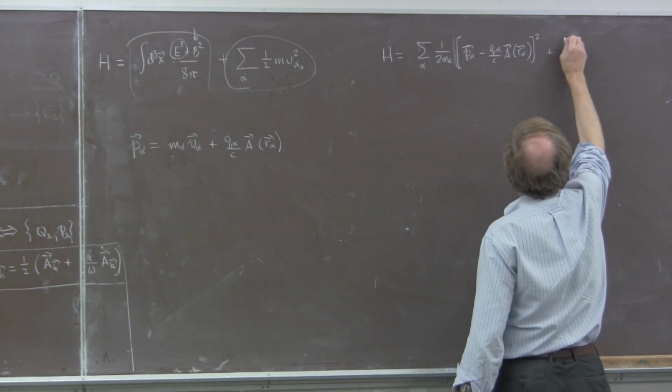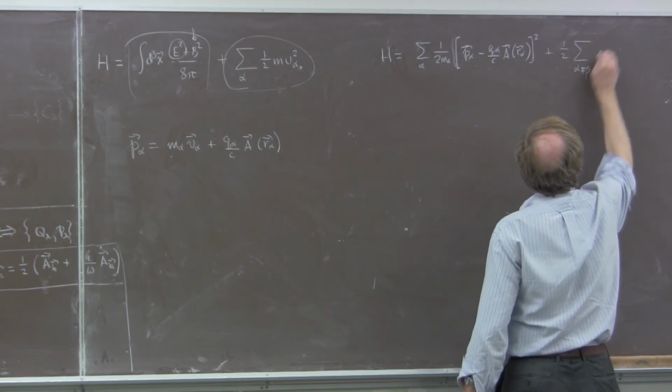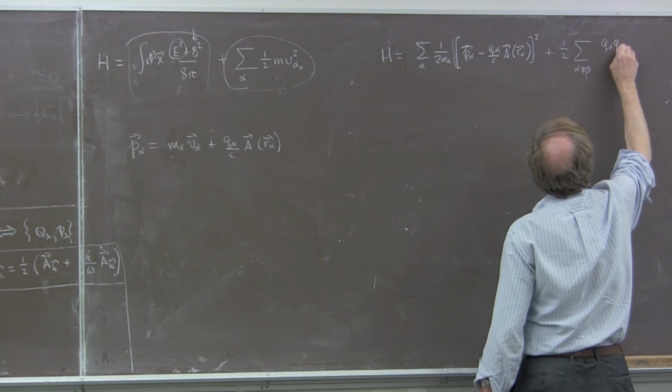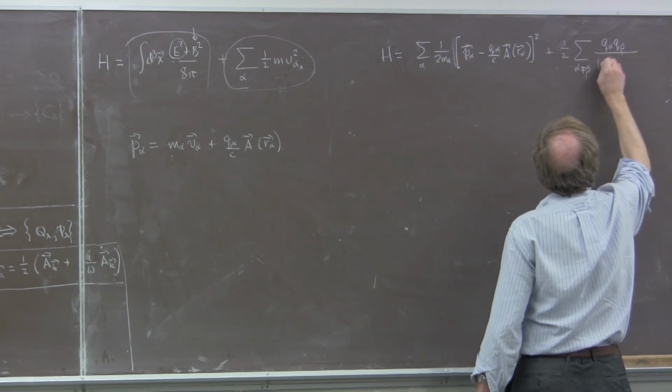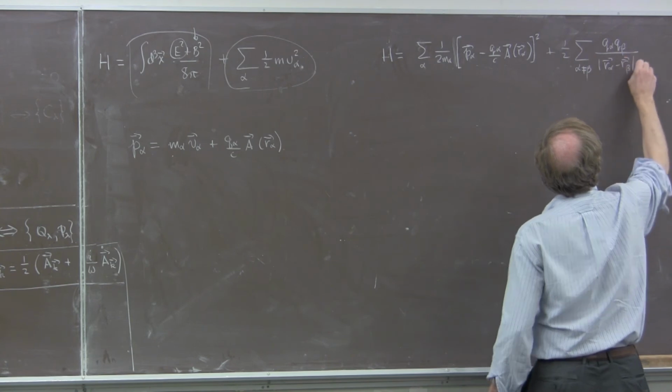We have then 1/2 the sum over alpha not equal to beta of Q alpha times Q beta divided by the Coulomb denominator, the distance between R alpha and R beta for the two particles.